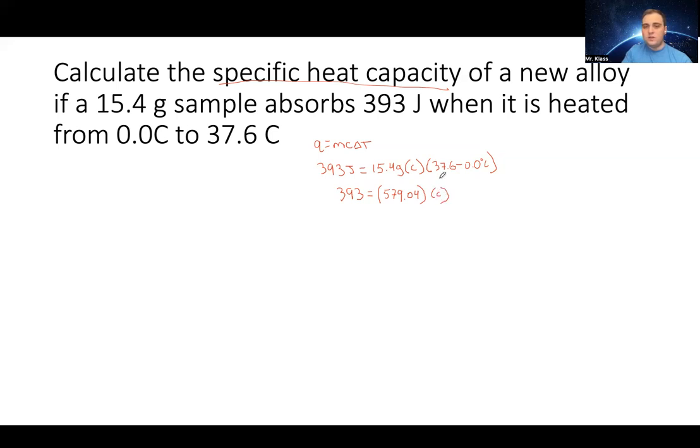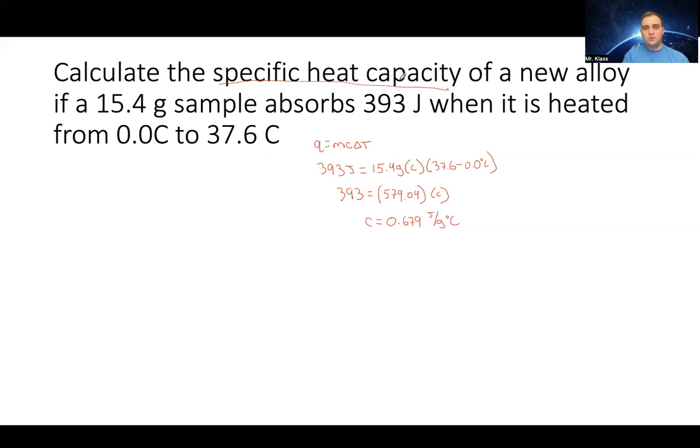Now be careful because specific heat capacity is indicated by a lowercase c. It's kind of hard to see when you're writing things out. A capital C is going to indicate degrees Celsius, so try not to get those messed up. Now, if I simplify this further, I'm going to get c equals 0.679, and our units are joules per gram per degree Celsius.